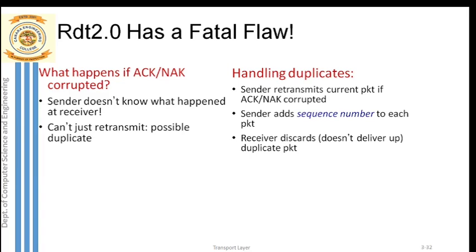Duplicate packets will come only when the sender is retransmitting the packet. And the sender will retransmit the packet in the case of negative acknowledgement. When the negative acknowledgement is sent, that is when the receiver has received corrupted data. Or if he is not receiving corrupted data, but the acknowledgement he has sent is corrupted, in that case also the sender will retransmit the data.